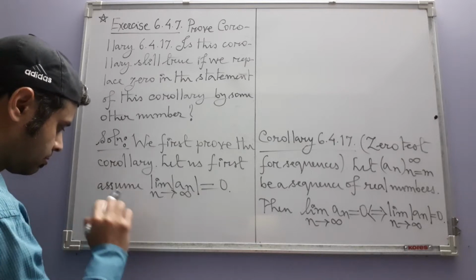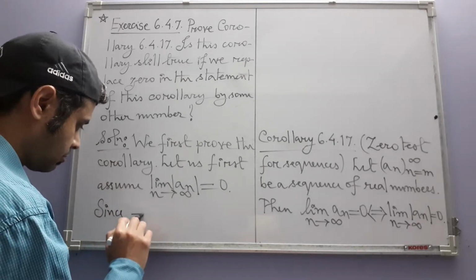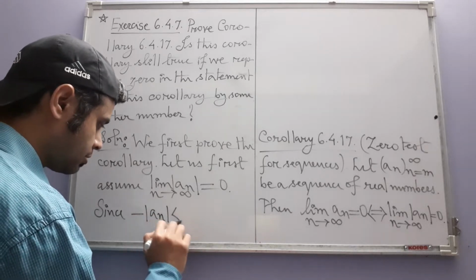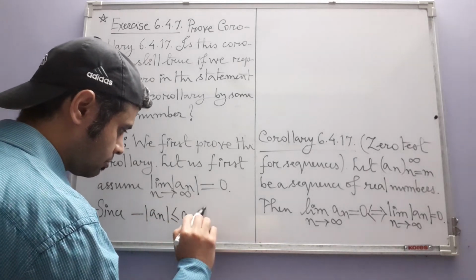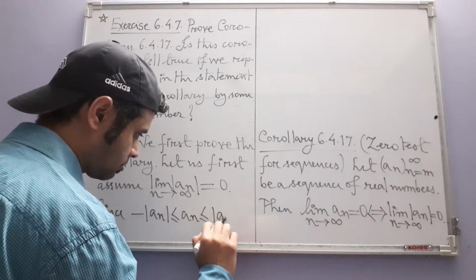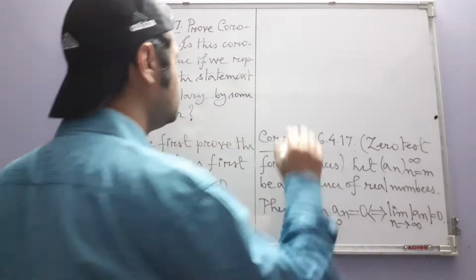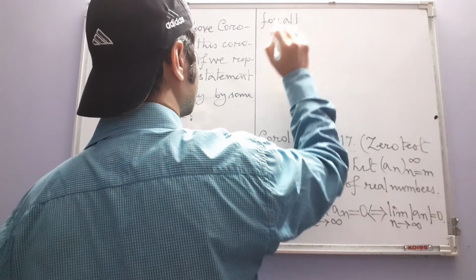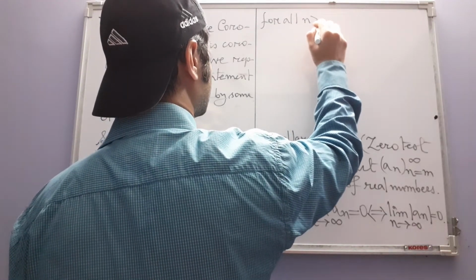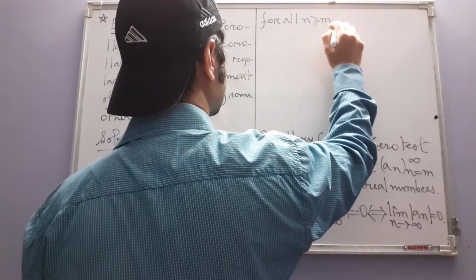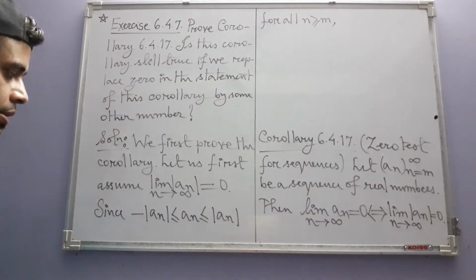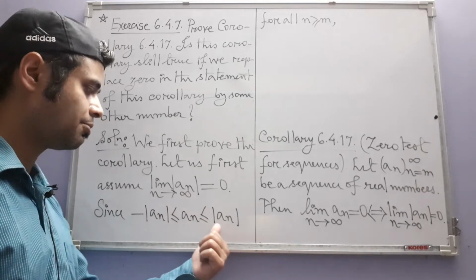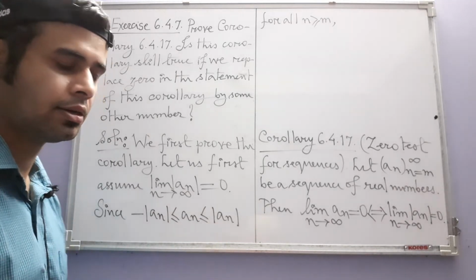Since these inequalities are true for all the indices, these inequalities we already know are true from elementary properties of absolute values of real numbers.